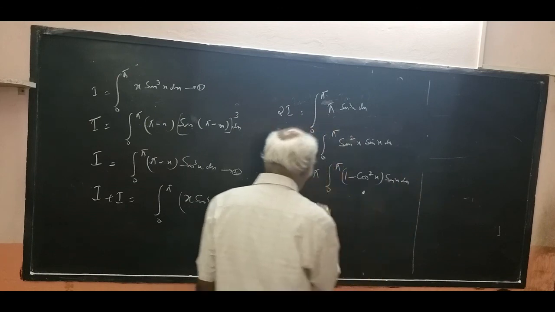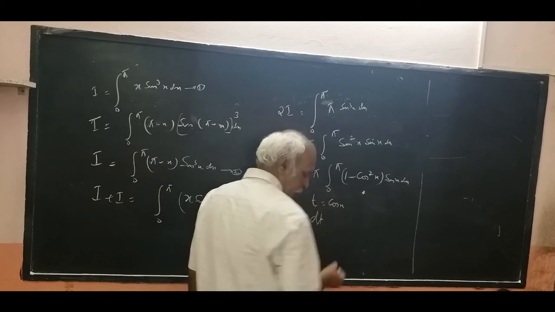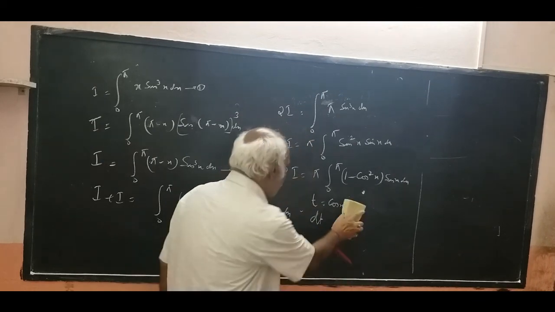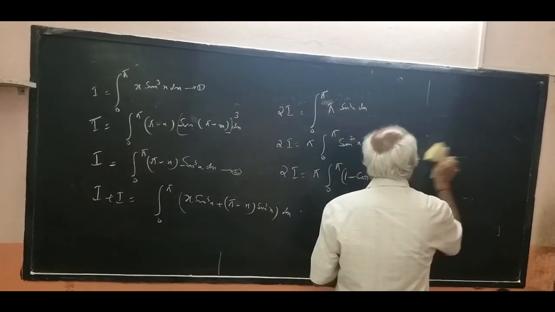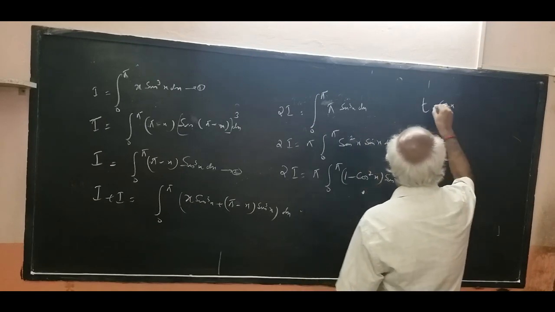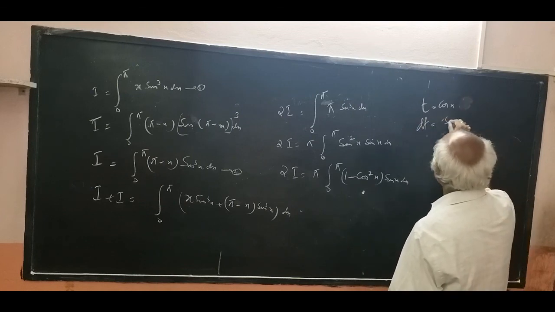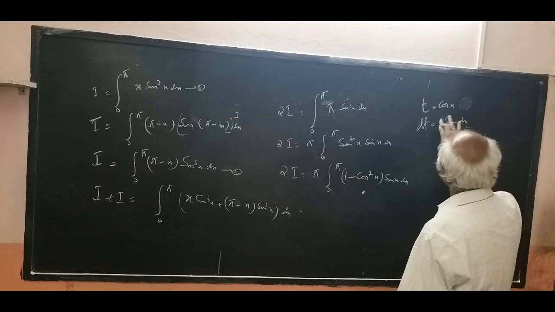So put t is equal to cos x. What is dt? Minus sin x dx. Right?